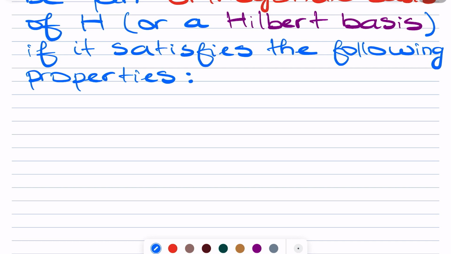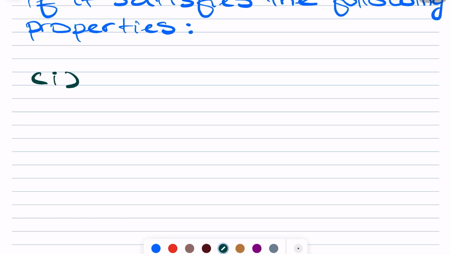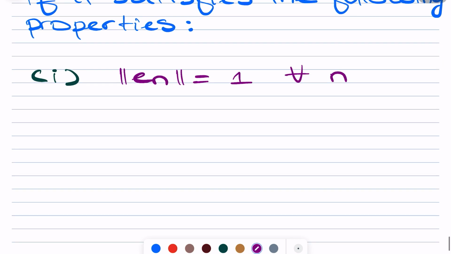The first one: the norm of e_n is equal to 1 for every n, and the e_n are pairwise orthogonal, so the scalar product is 0 provided that m is different from n.